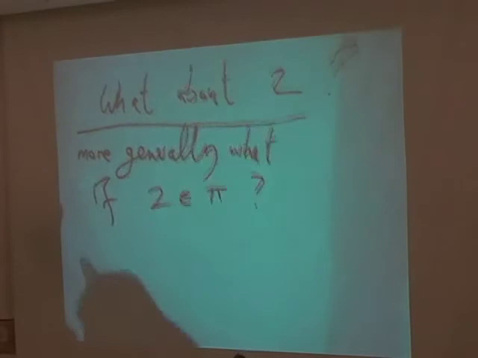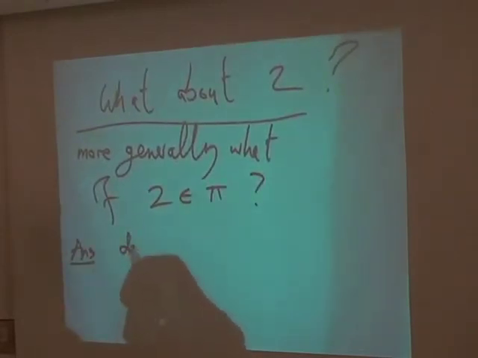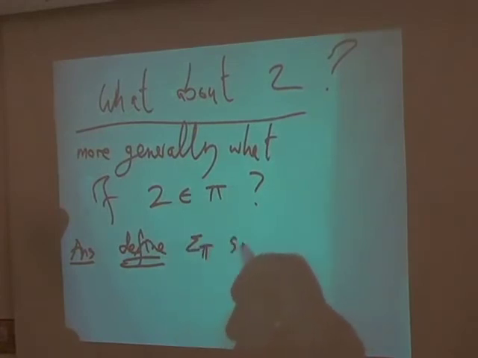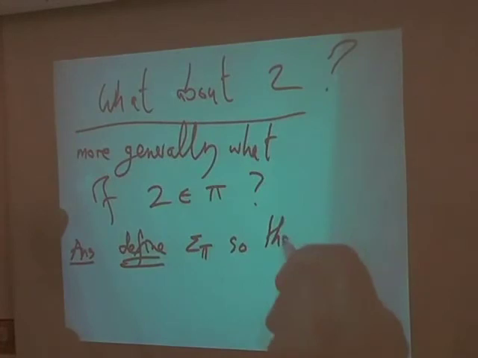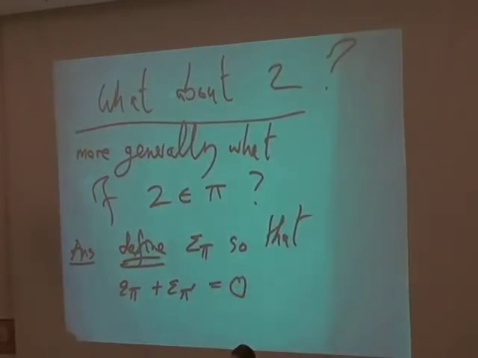Well, the answer, we define epsilon 2 so that epsilon 2 plus the complementary set is 0. It seems like cheating.